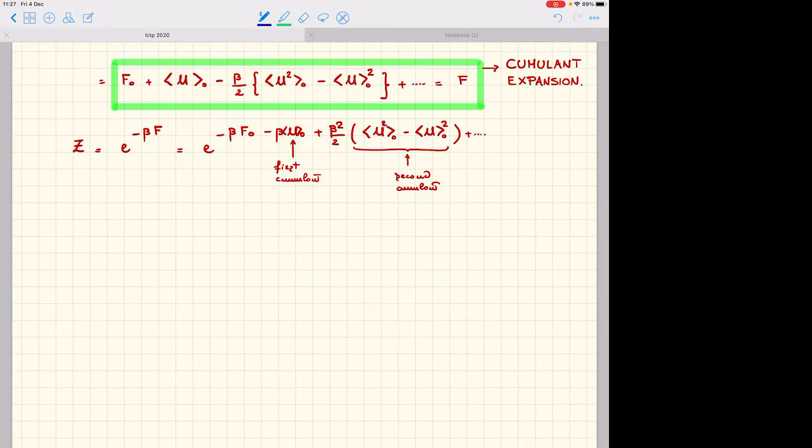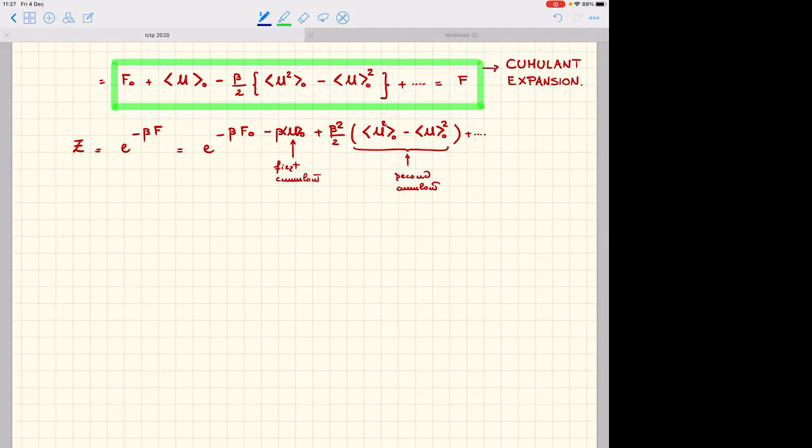Well, what this tells us is that if you want to compute the expansion for the free energy in power series of the interaction strength, what you have to be able to do is to compute the average with respect to the non-interacting Hamiltonian of the interaction, of the square of the interaction, and so on and so forth.